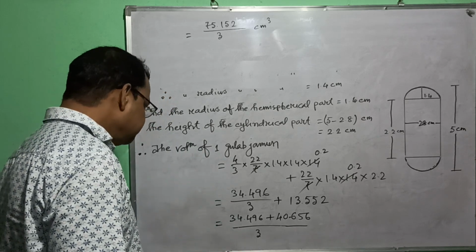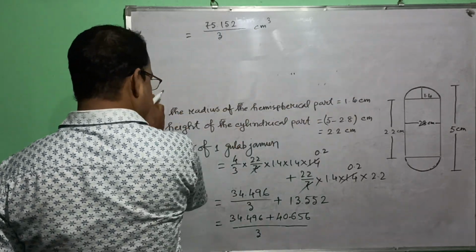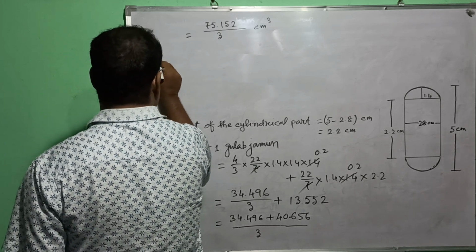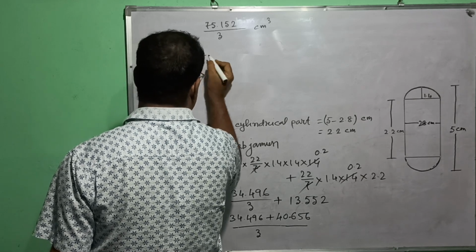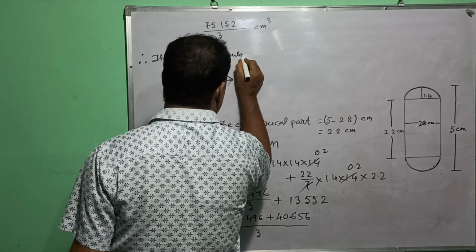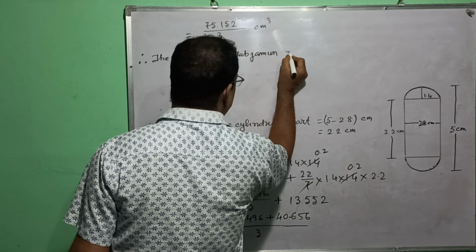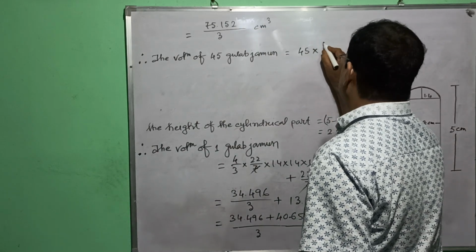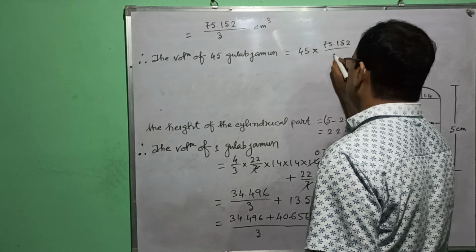Now as it is given 45 gulab jamun, then we'll write therefore the volume of 45 gulab jamun equal 45 into 75.152 divide 3.